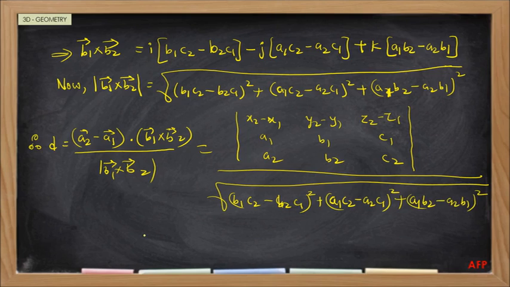So this is the Cartesian form for the shortest distance between two skew lines. Thank you.